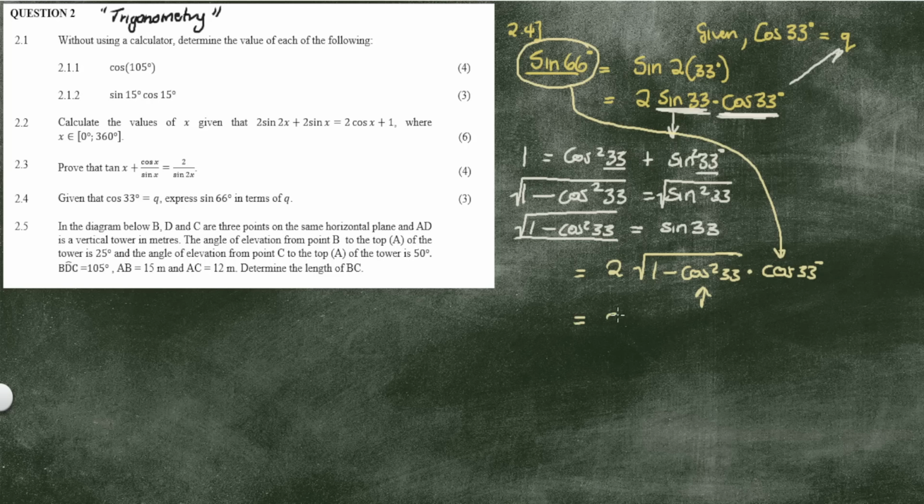This is now going to be equal to 2 square root of 1 minus cos squared 33, and we know cos 33 is q, so it's going to be q squared, multiplied by q. I'm going to write the 2 and the q next to each other, then the square root of 1 minus q squared. Now this is how we rewrite sine 66 in terms of q. Okay, so this is 2.4.